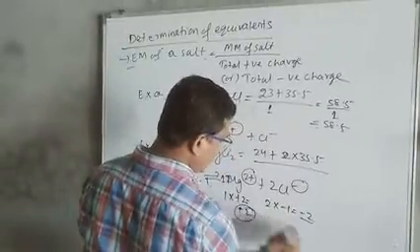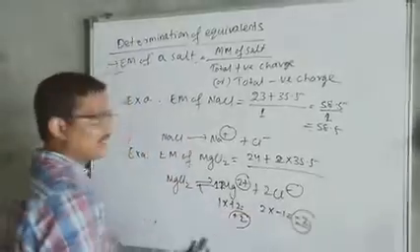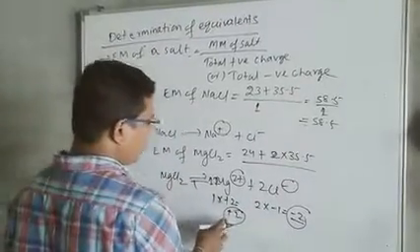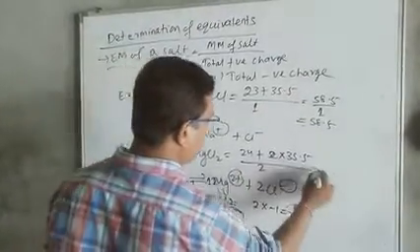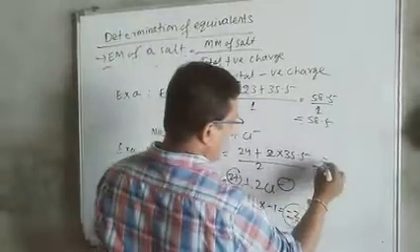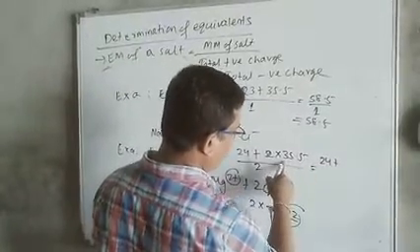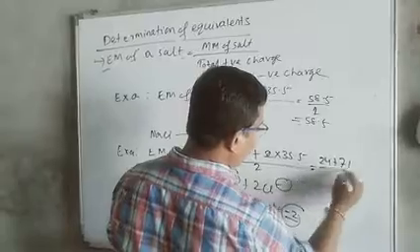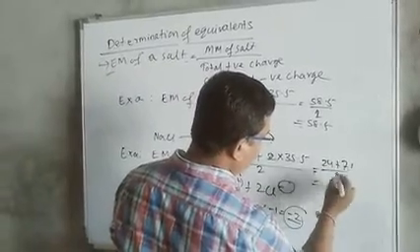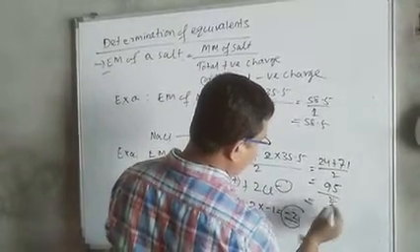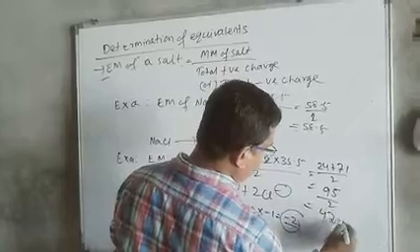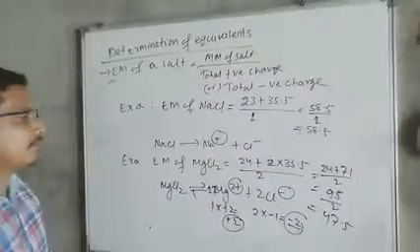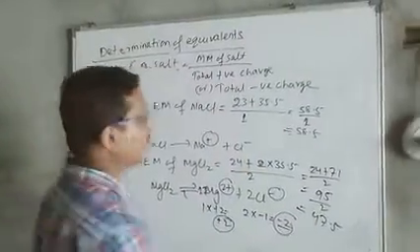Total positive charge equals total negative charge, so we can use either value. That is 24 plus 71, which is 95, divided by 2, giving 47.5. The equivalent mass of magnesium chloride is 47.5.